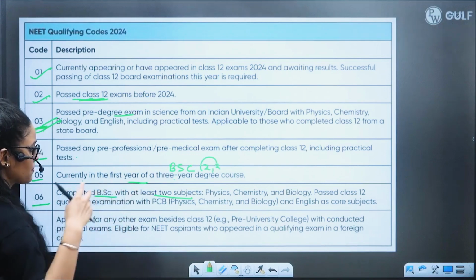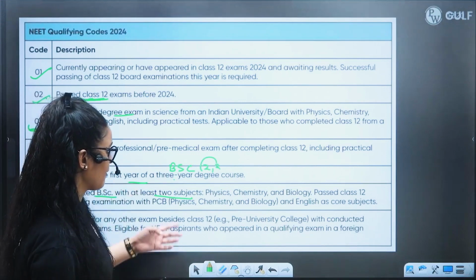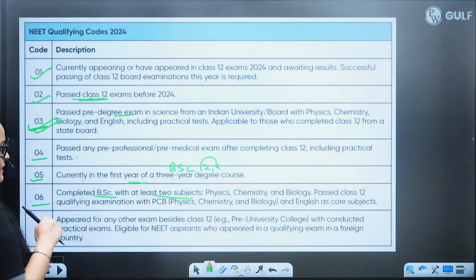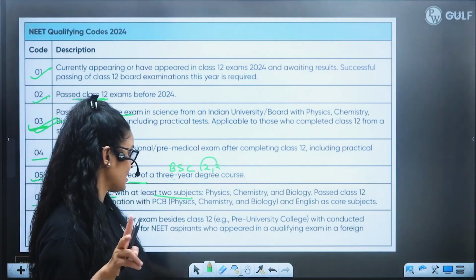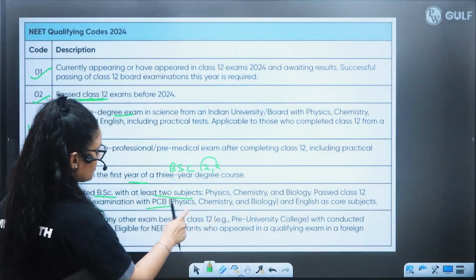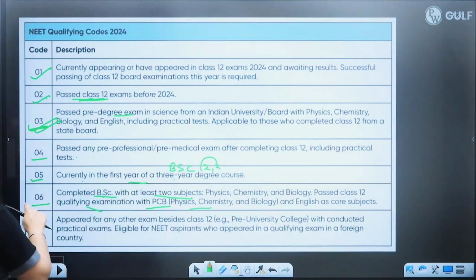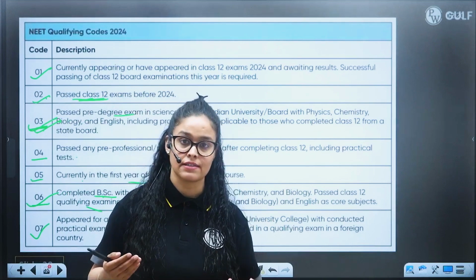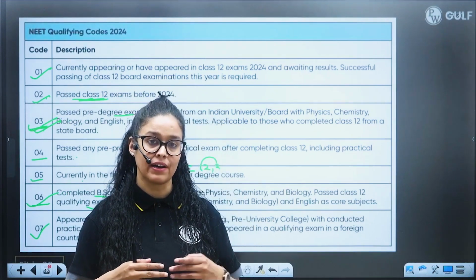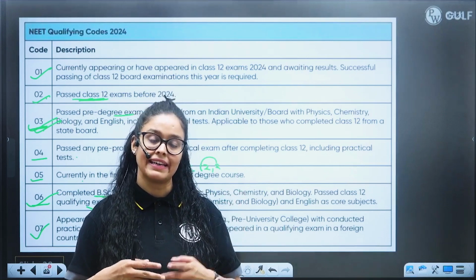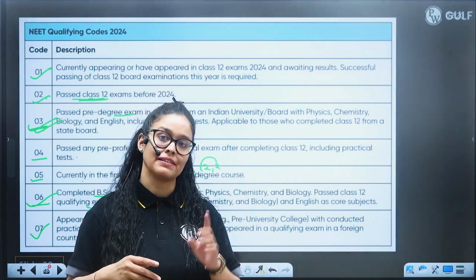Code 6 is for those kids who have already completed their BSc with at least 2 subjects, and have already passed the class 12th qualifying examination with PCB and English as core. They will fill 6. And 7th is for foreign kids, those who are studying abroad and not in India. Technically, they are NRIs, so they will fill code 7.